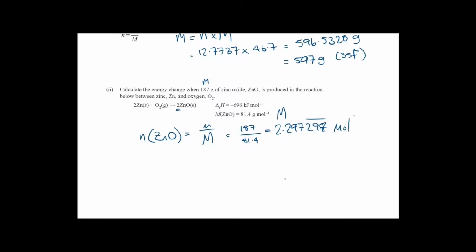And what are we told then? We're told that this is the total amount of energy that's released, but that's for 2 moles. So we need the enthalpy change released per mole. So it's going to be this number here, negative 696 kilojoules per mole, divided by 2, because there are 2 moles being created here.